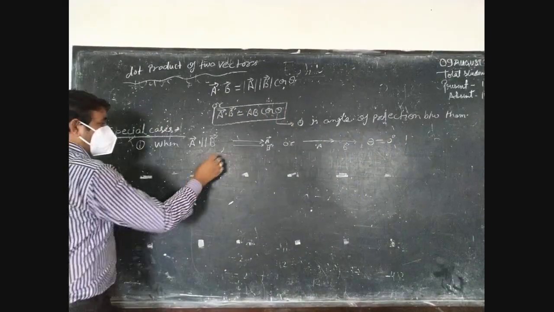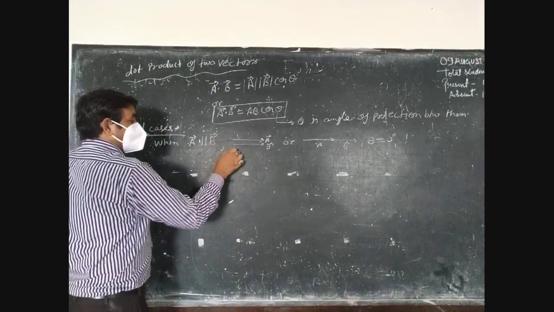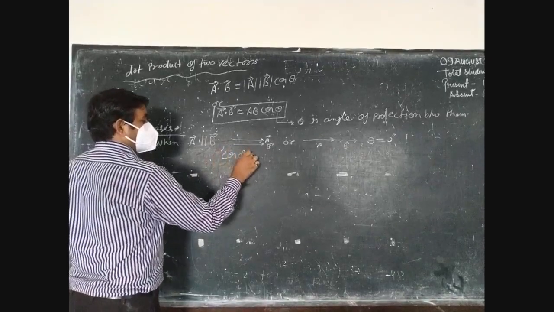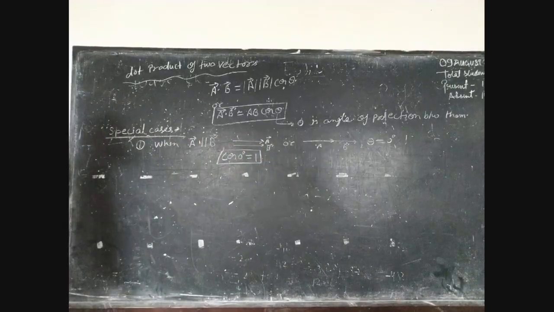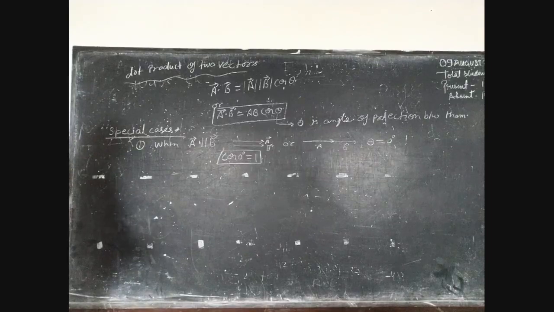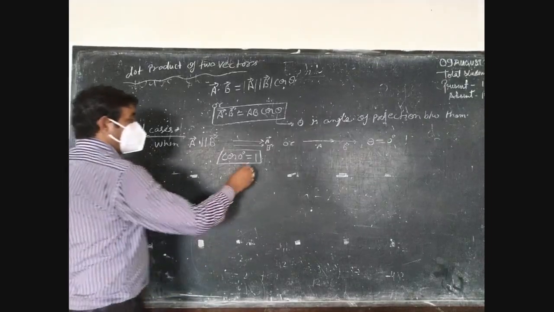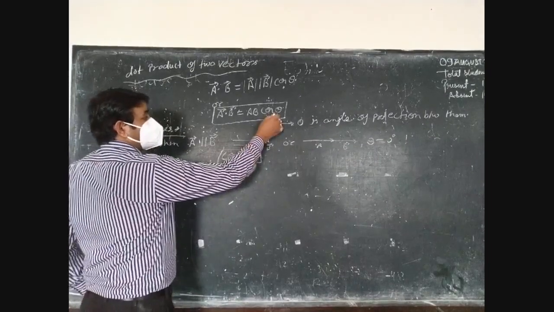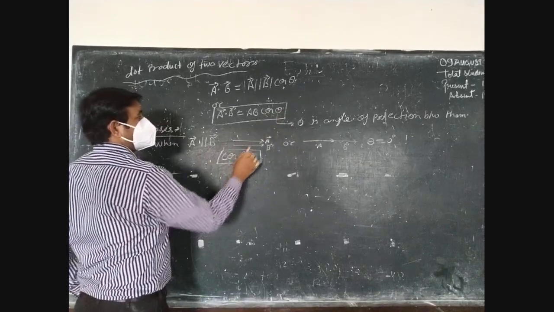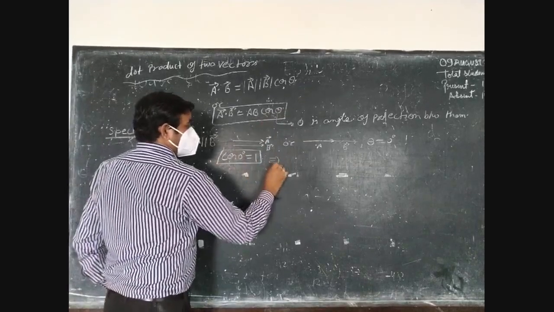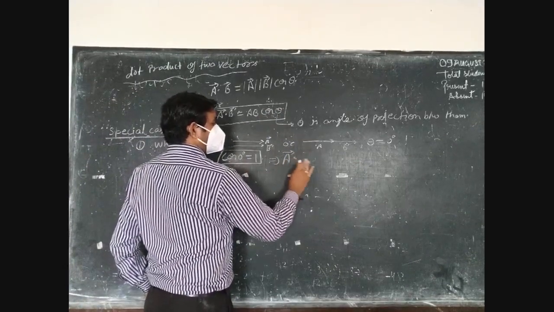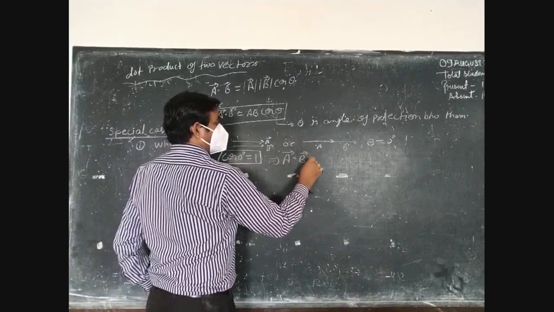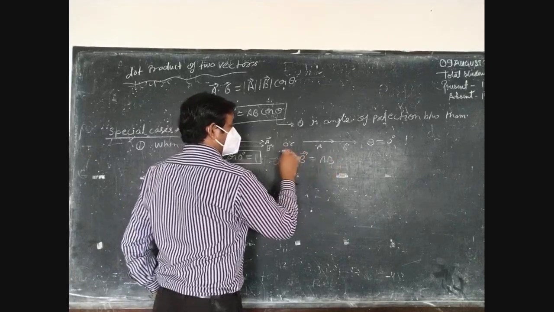And cos 0 degree is 1. Therefore, when we use cos theta equal to cos 0 degree, we get vector A dot vector B is equal to AB.